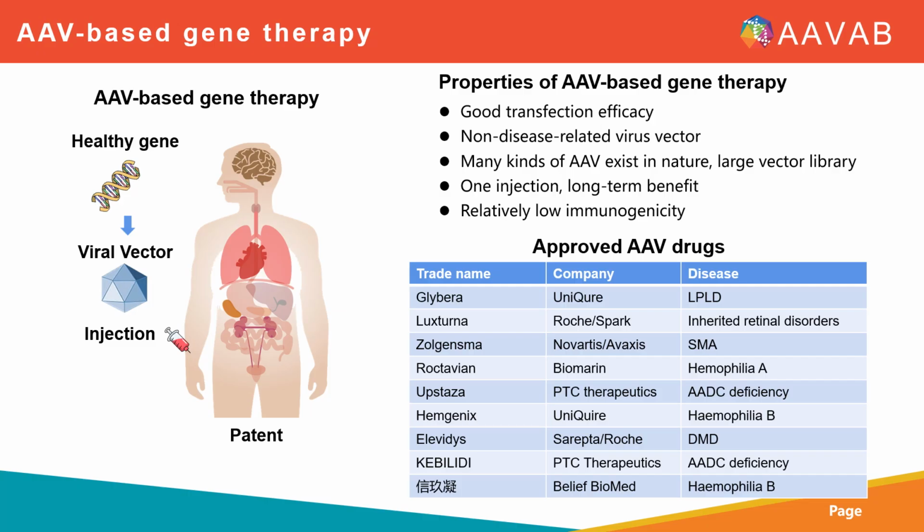Of course, it is not non-immunogenic because it is still an exogenous protein. Till now, several AAV-based drugs have been approved in Europe, in the USA, and China. AAV-based gene therapy really benefits patients who have no or very limited therapeutic drugs.